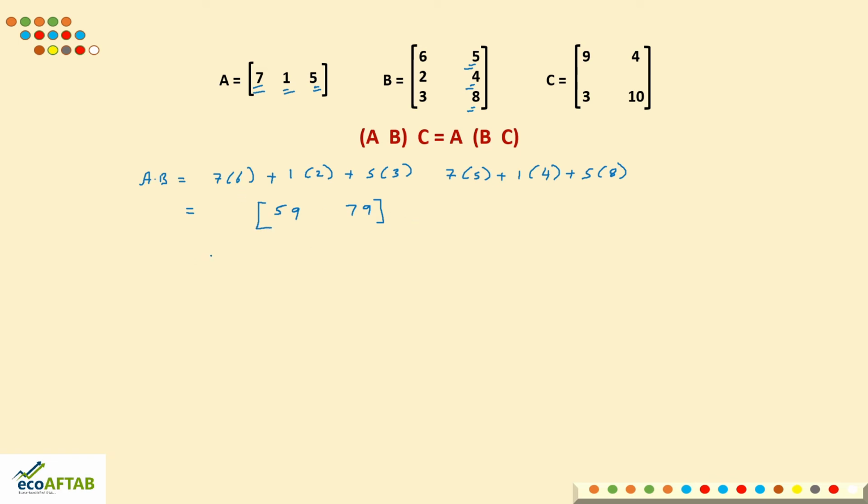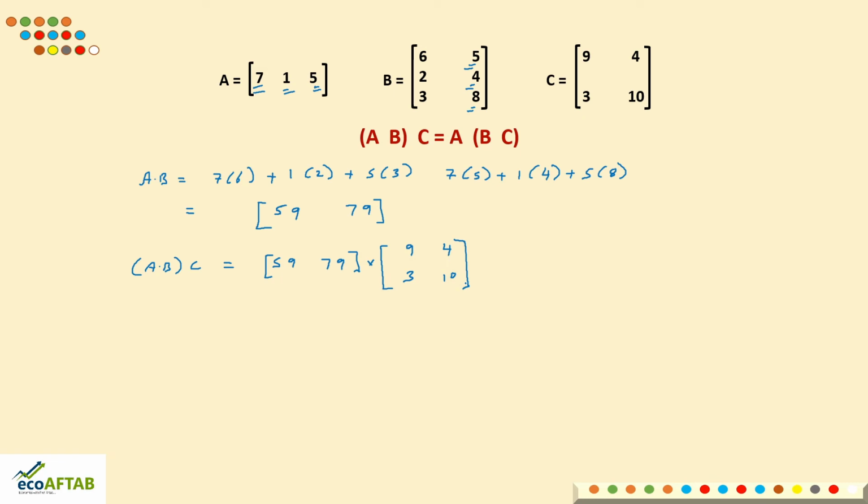Now in this, friends, we'll bring the next element, that is we'll multiply AB with C. So we are having AB with us, that is 59 and 79. With this we are multiplying C, that is 9, 3, 4, 10.